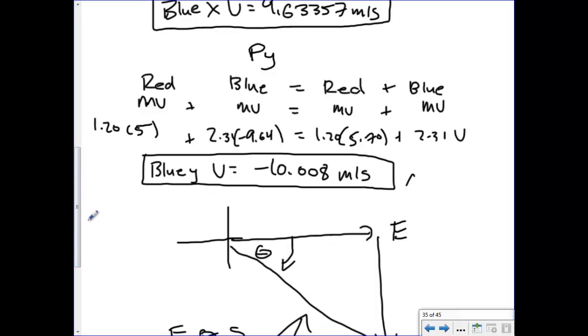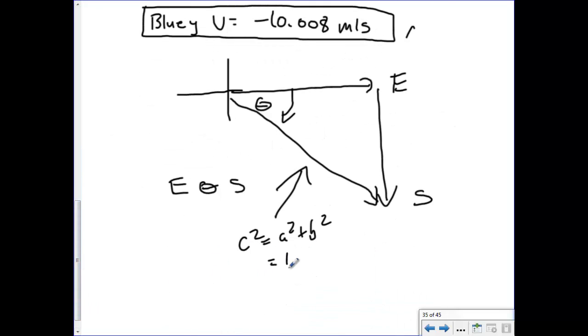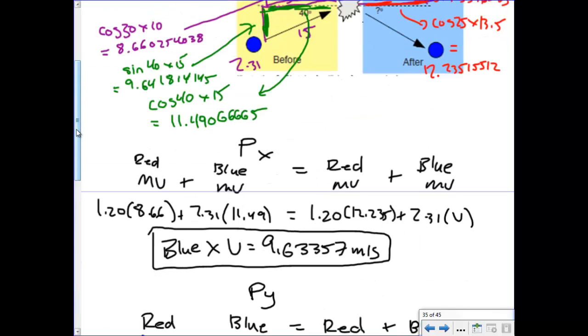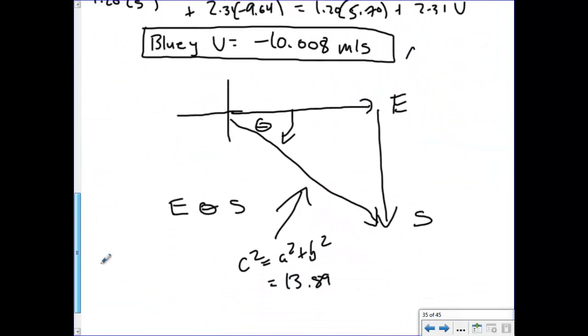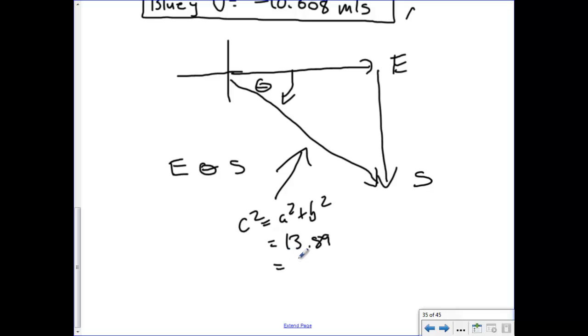Yeah, that guy there. I got 1389 for my hypotenuse. What do I get for sig digs? 3 sig digs? So I got 13.9 meters per second when I'm done.